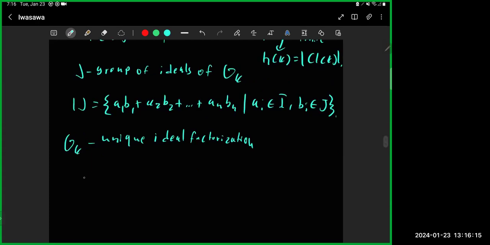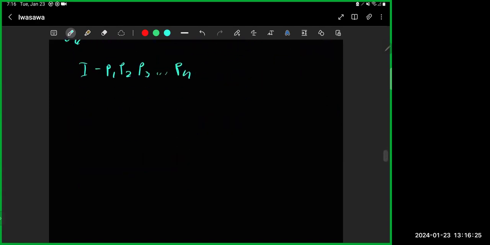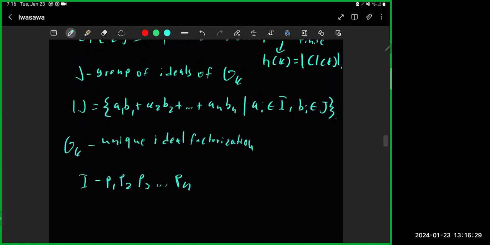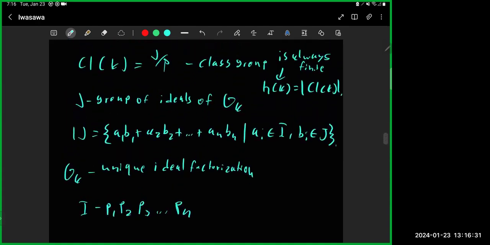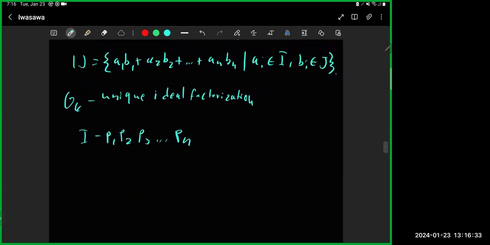So any ideal of O of K can be uniquely written as a product of prime ideals. The theory of how prime ideals work in number theory is quite deep, and I'll mention some theory later on, introducing everything when the time comes.